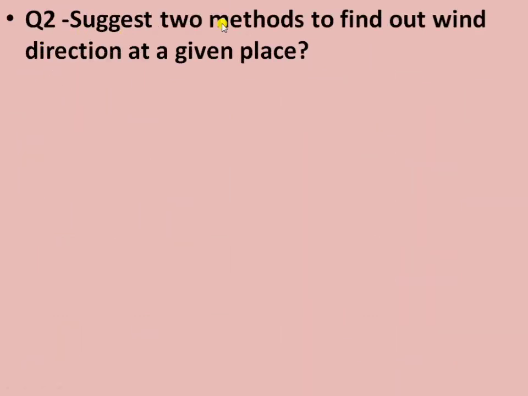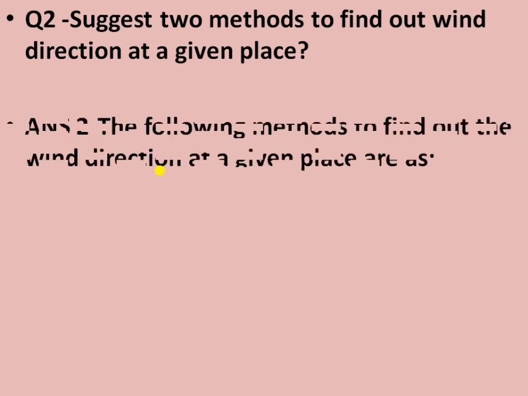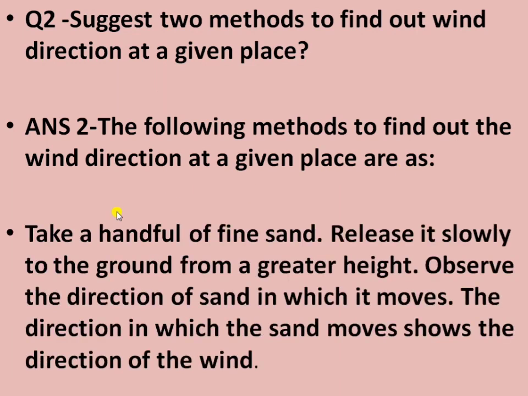Next, question number two: suggest two methods to find out wind direction at a given place. The two methods are, first, take a handful of fine sand and release it slowly to the ground from a great height.